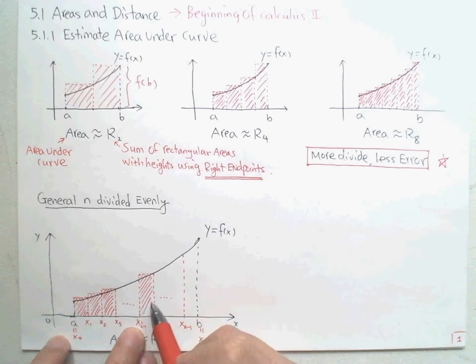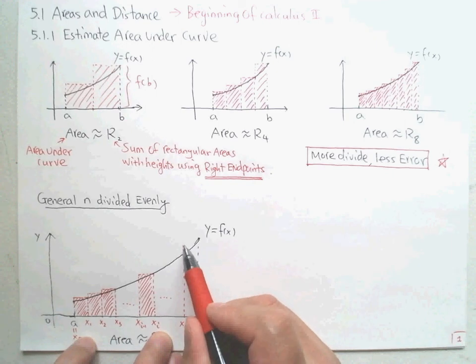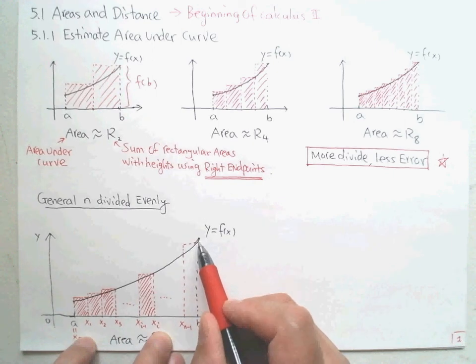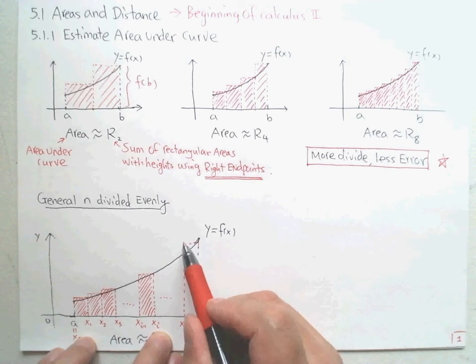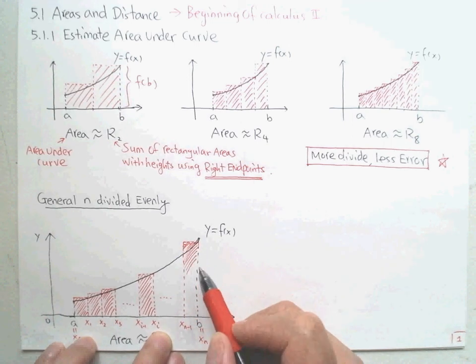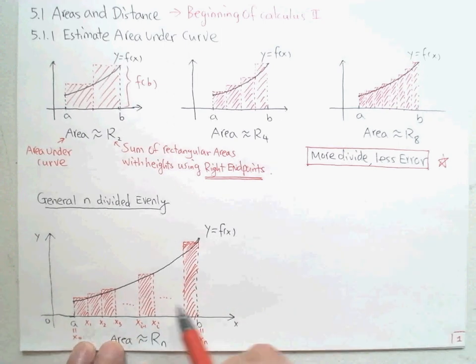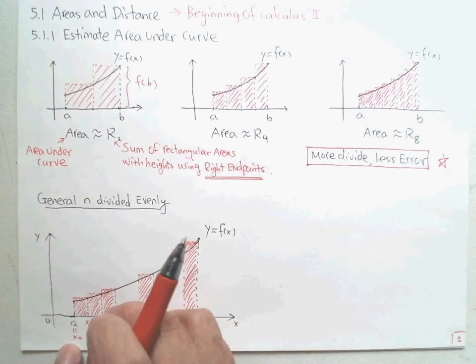Ignore the others and go to the last rectangle. Keep in mind, with the right endpoint. So this is all the rectangles.